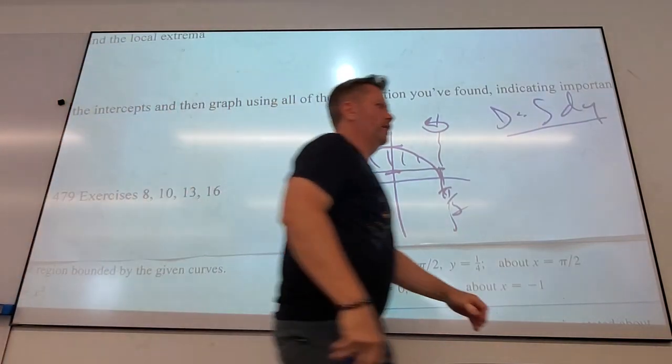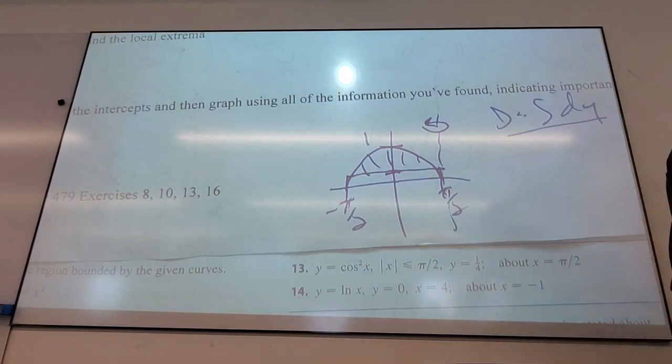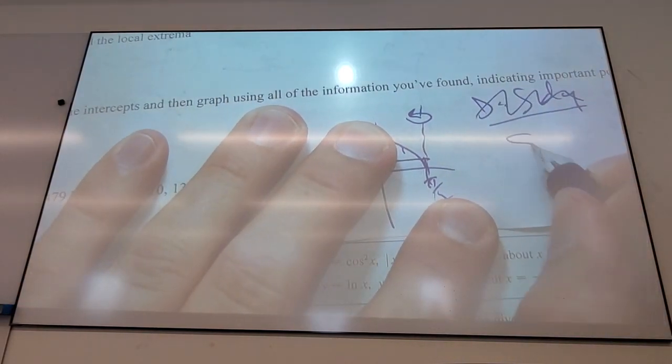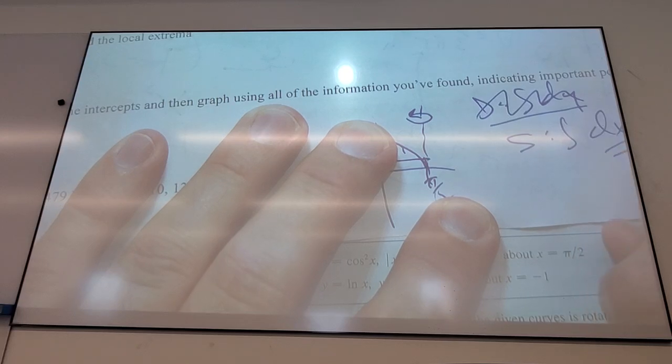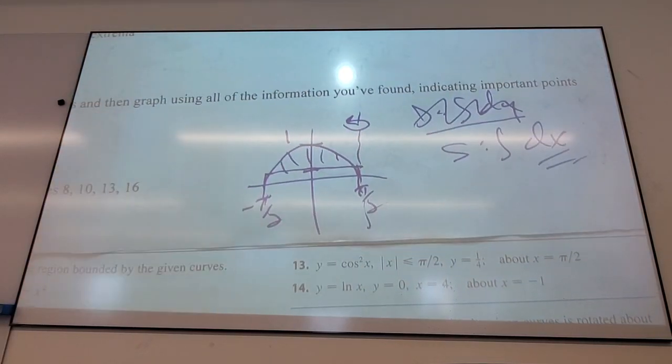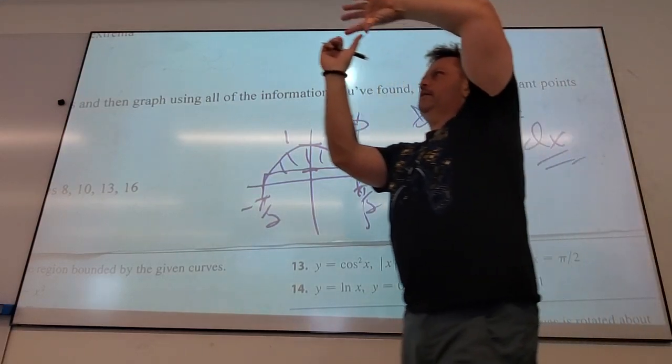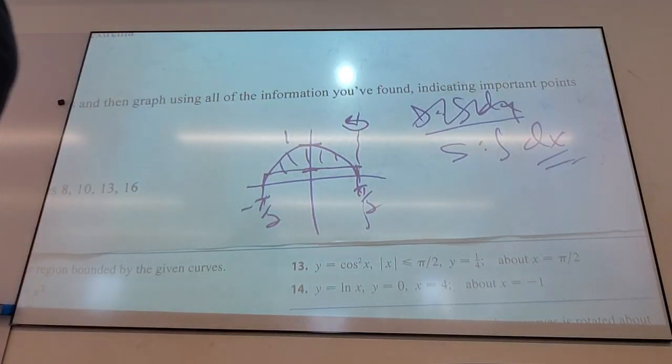What do I need to draw in to get shells started? Your representative rectangle. The whole idea of shells is it's kind of like when we drew the rectangles for Riemann sums.